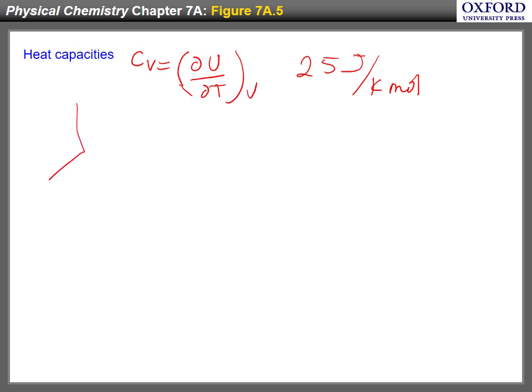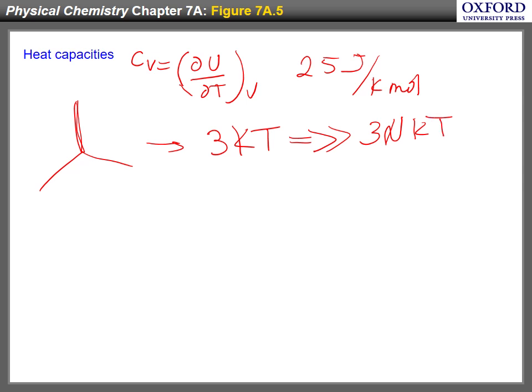And it's kT for a single direction, but an atom can oscillate in 3 dimensions, so it's actually 3kT. And the total energy is the number of atoms times 3kT, for the 3 axes.